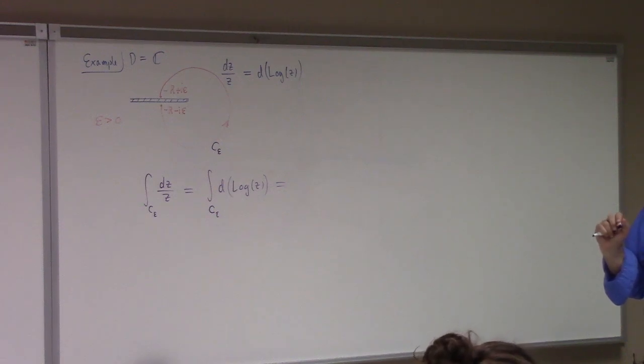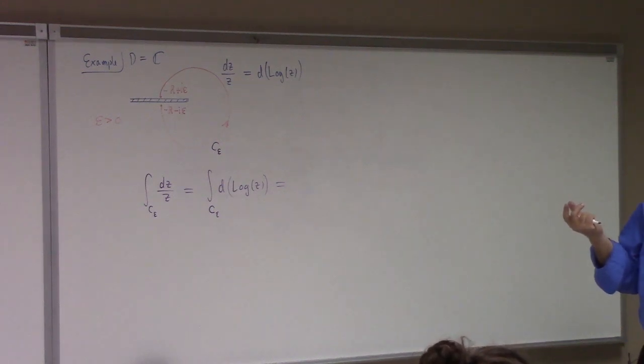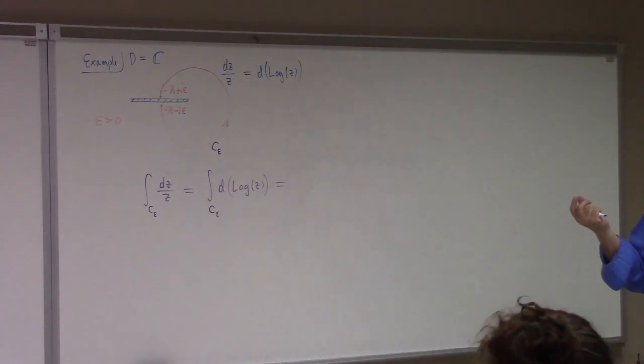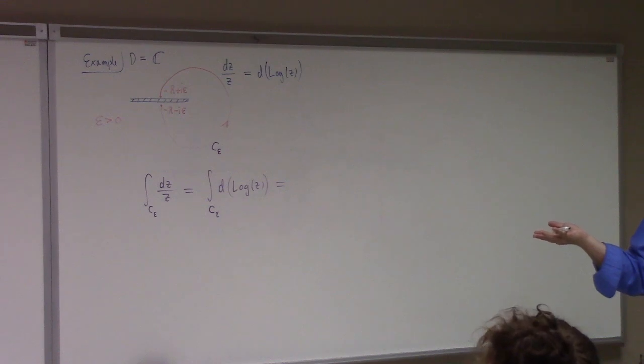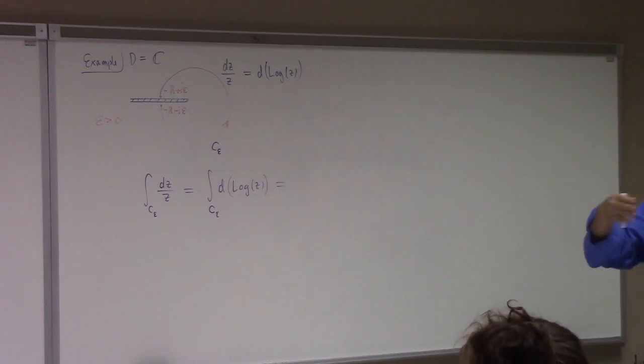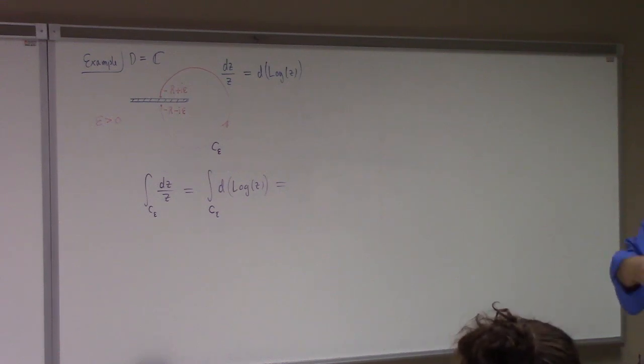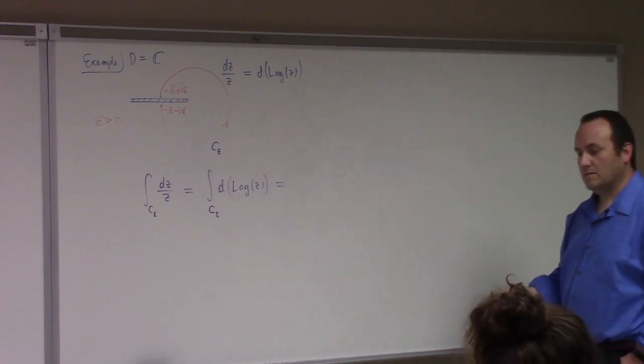Provided that the function's actually defined on the whole curve, right? You can't just ignore where the function's not defined and hope it doesn't hurt you. Just like our discussion of improper integrals in calculus, you had to be careful that your integrand's actually defined over the integration region. That issue is still with us, yeah?